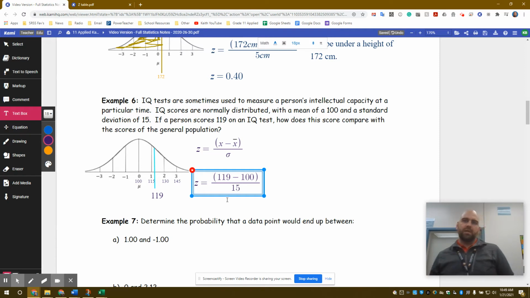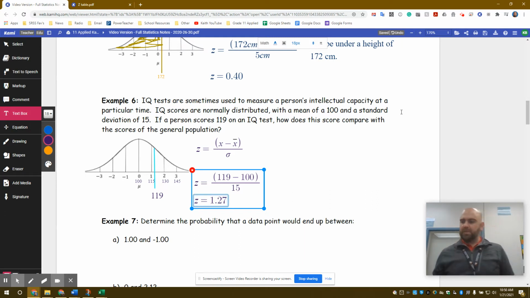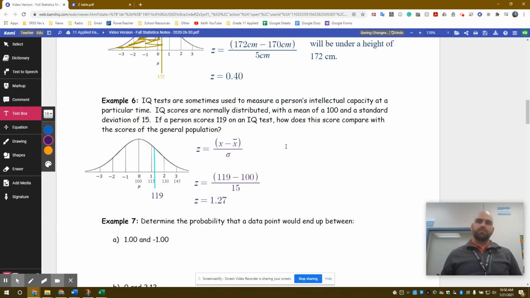There are no units on this, so we're just left exactly there. Using a calculator, 119 minus 100 gives us 19. Then we divide that by 15, and we get a Z-score of 1.27. It's 1.26 repeated, so we round it to 1.27.